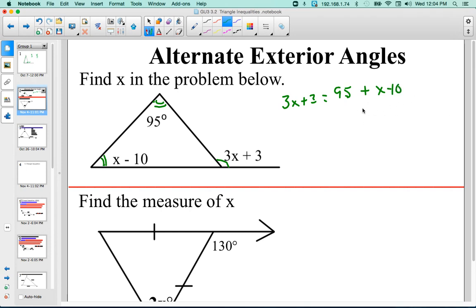Well, if I combine my like terms over here, I get x plus 85. If I subtract 3 from both sides, 85 minus 3 is 82. If I subtract x from both sides, I get 2x on the left. And when I divide by 2, we get x equals 41. Okay, that's how we'd solve this first one.